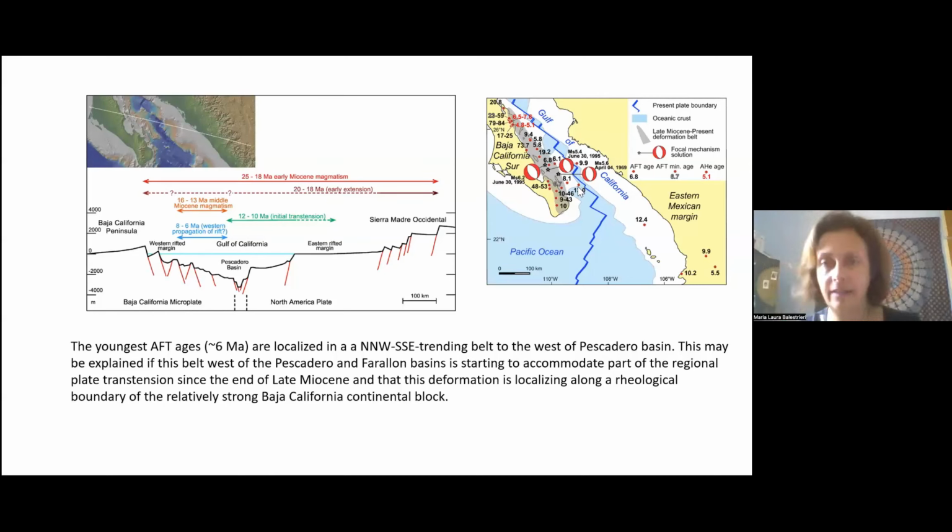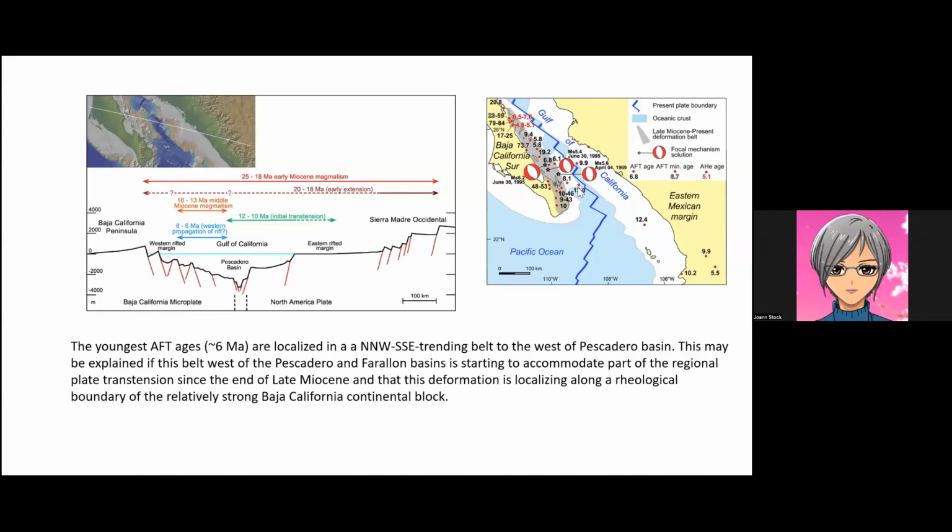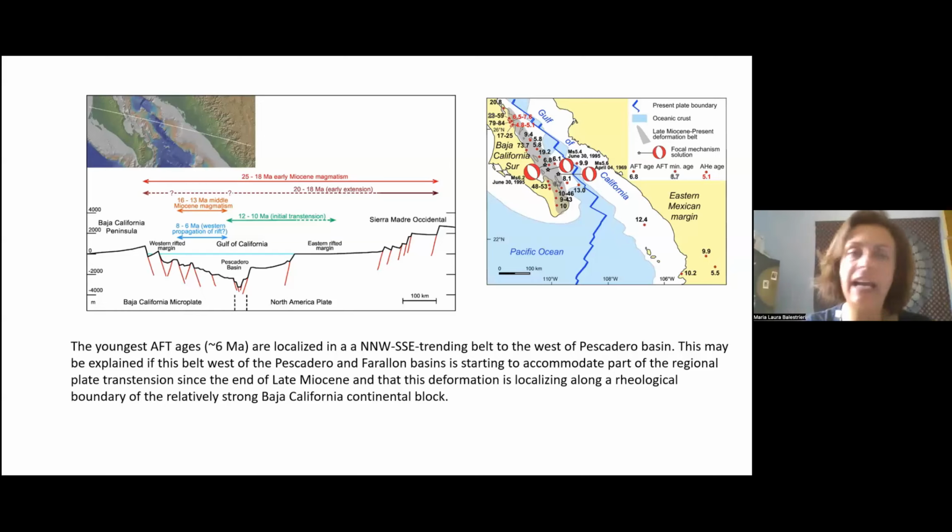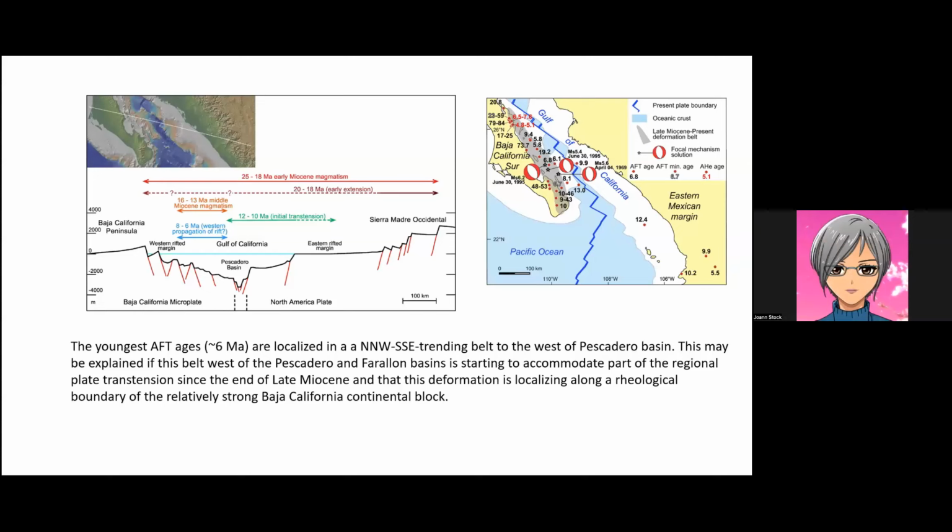But that 13.0 is inside the younger oceanic crust. So maybe the block couldn't have been in place, because the oceanic crust there is less than 6 million years old.